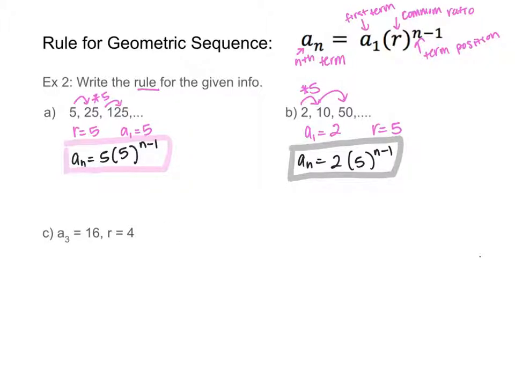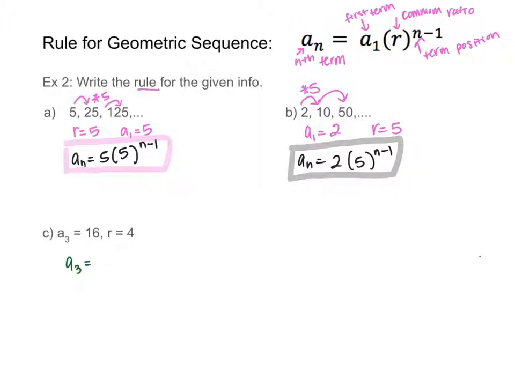Well, I can do this by plugging in what I know. So I know that A3 is 16, so I can use A3 to my advantage. So A3 is going to be the nth term.